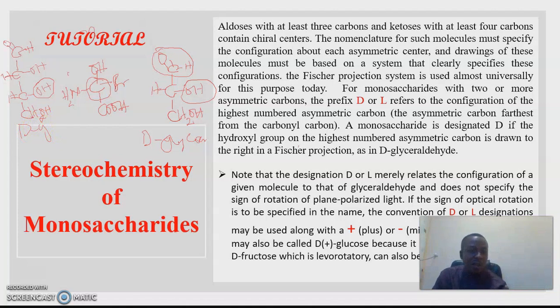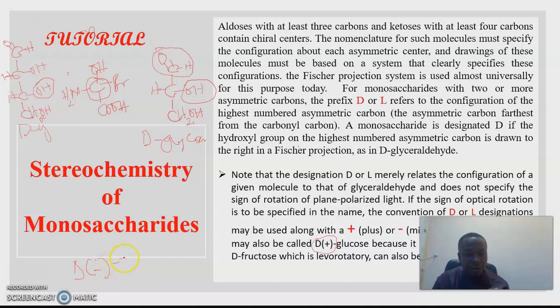But when we talk about the rotation of plane polarized light, that's where we add either a plus sign or a minus sign. D-glucose may also be called D-plus-glucose, because glucose is dextrorotatory. Dextro means it can rotate to the right, whereas levorotatory means it can rotate to the left. So naturally, fructose is levorotatory and rotates to the left, and we write it as D in brackets minus.